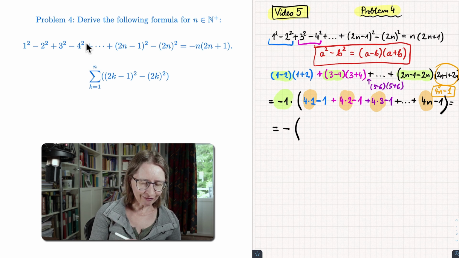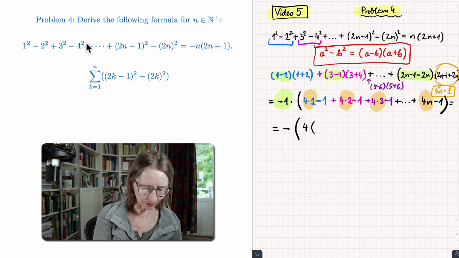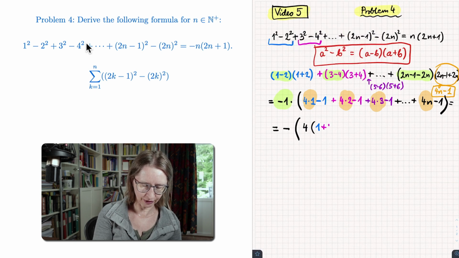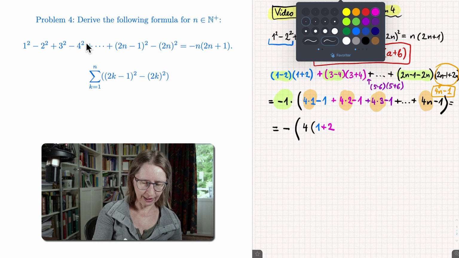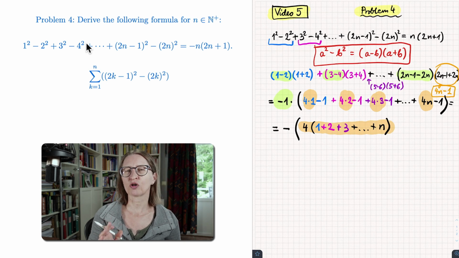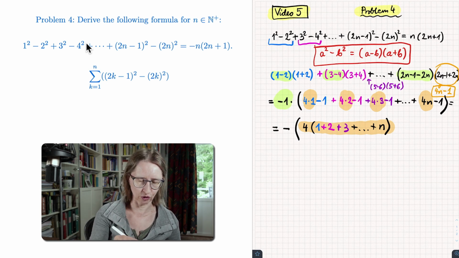And then I can factor out 4 from all these terms which have factor 4, and then I will get, from the first one 1, for the second one 2, from the next one 3, and so on, and from the last one n. So this part is corresponding to all these terms above, which were marked with orange color.